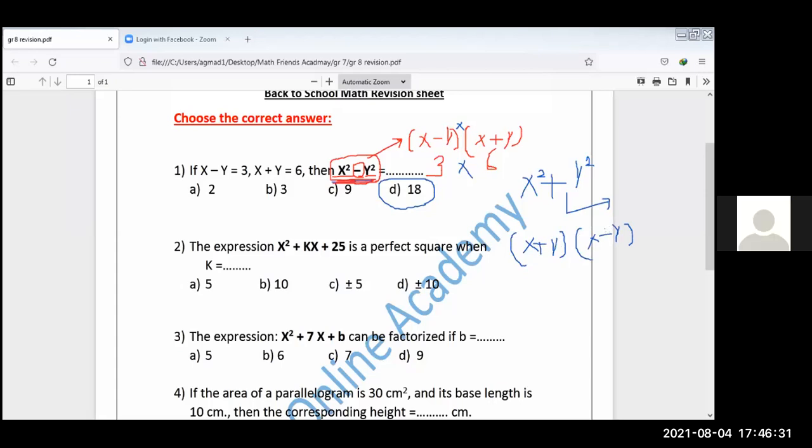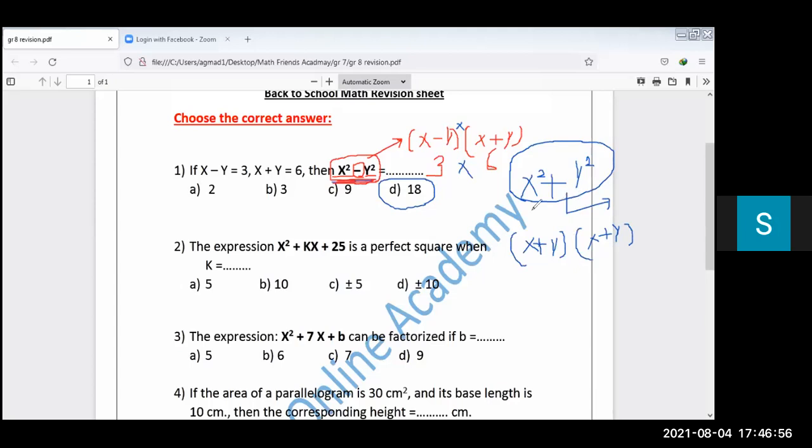One plus and one minus. If you make one plus and one minus, it means that the sign will be minus. So, we don't have in math something called the sum of two squares to factorize. We don't have. If you see something like this, no, we can't.